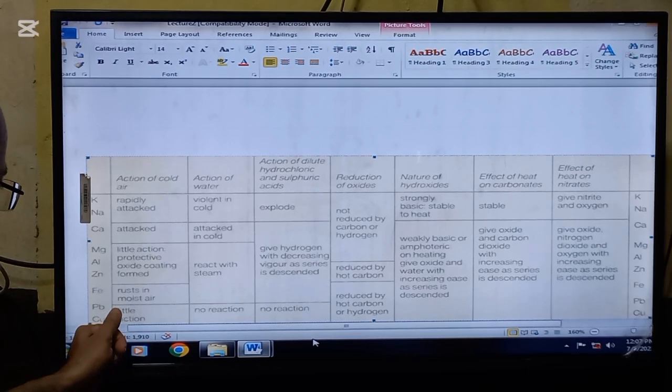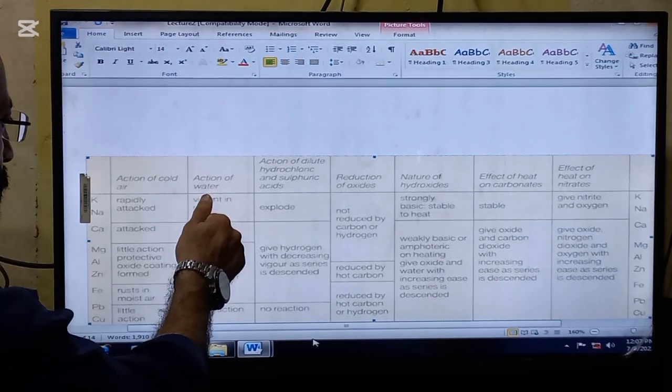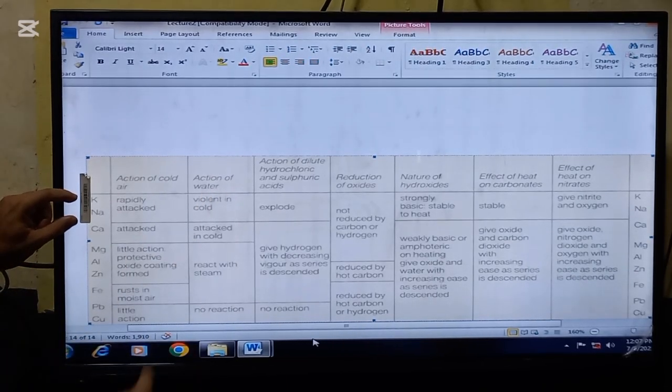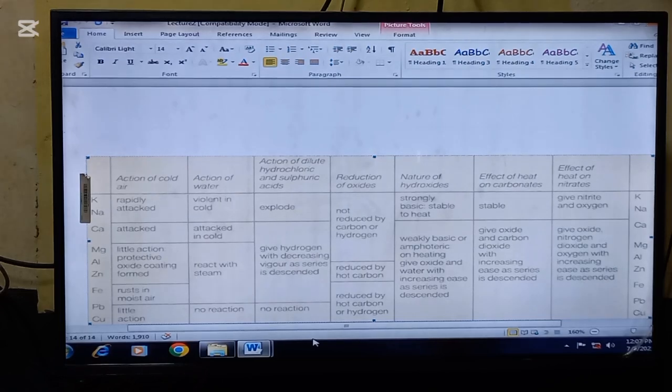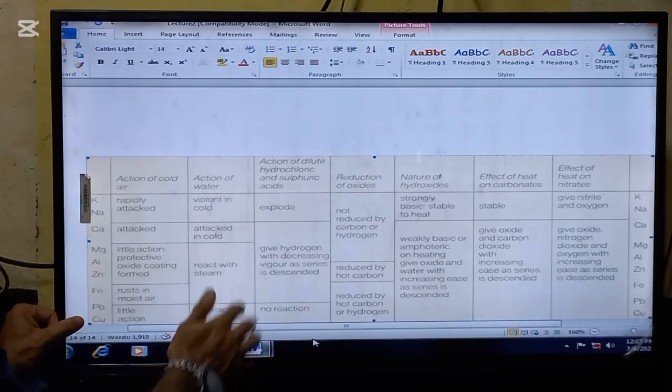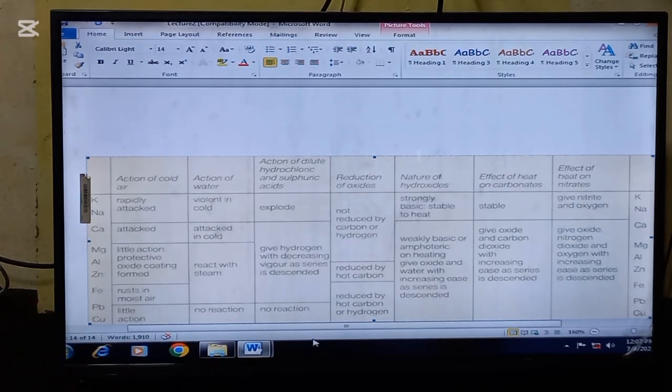Then iron rusts in moist air. And then lead and copper: little action. Next, the action of water: on potassium and sodium, violent in cold. On calcium, attacked in cold. Magnesium, aluminium, zinc, and iron react with steam. And lead and copper: no reaction with water.